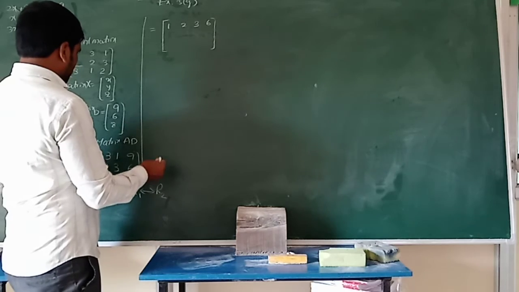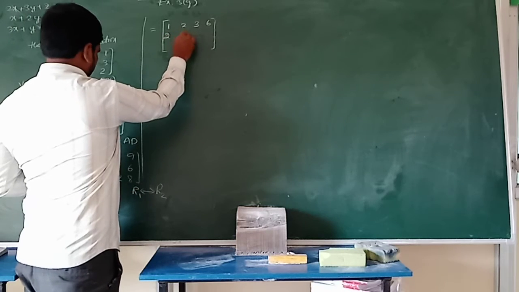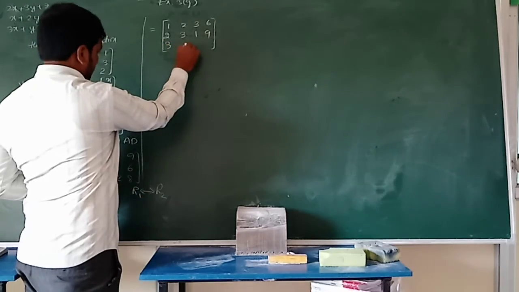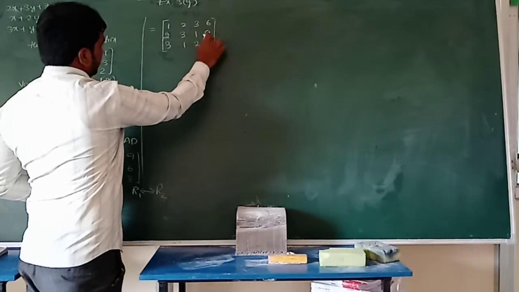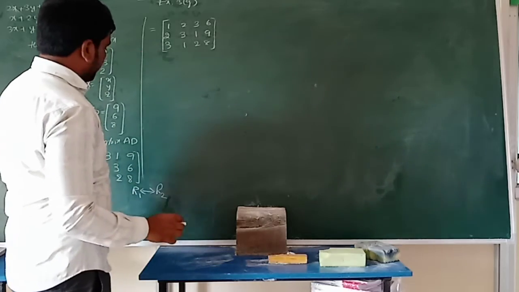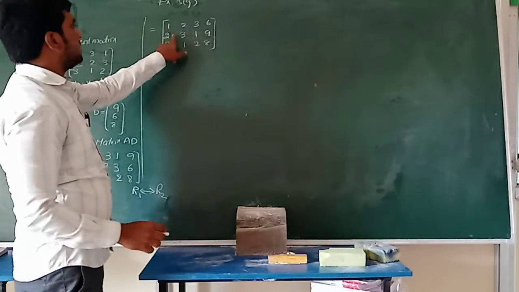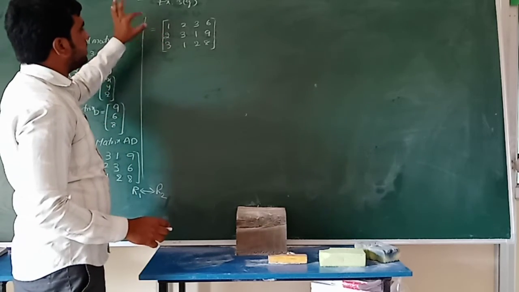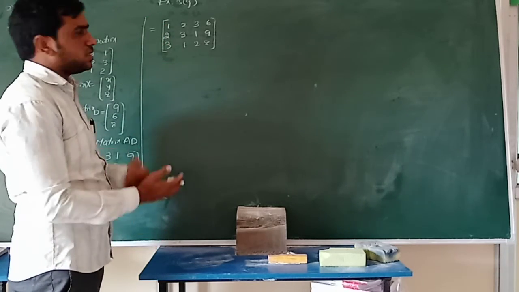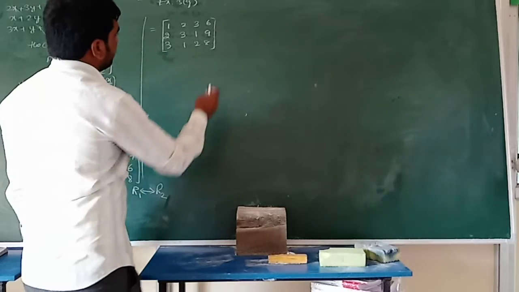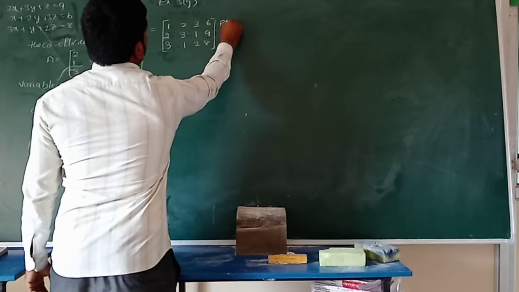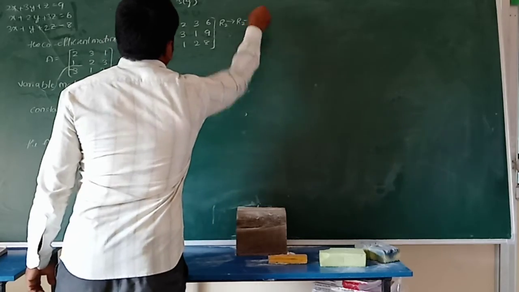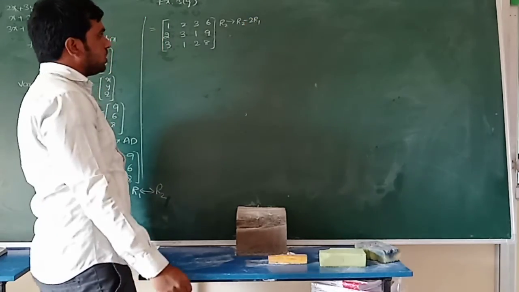Now next, 2 3 1 9 and 3 1 2 8. This is R1 interchanged with R2. Now this 2 becomes 0 and this 3 becomes 0, based on the 1, so 2 and 3 are made 0. That is R2 changes to R2 minus 2R1.